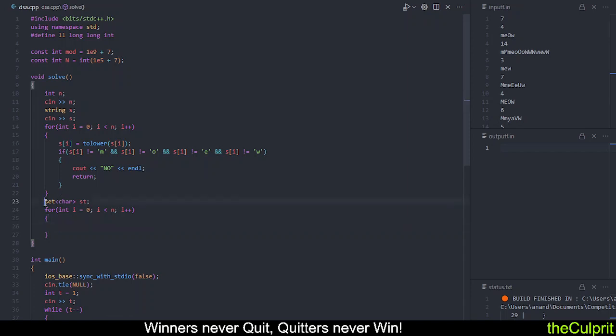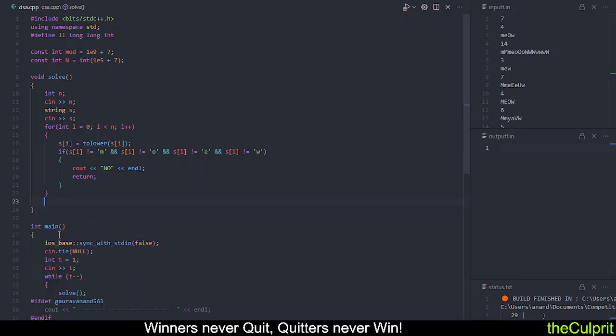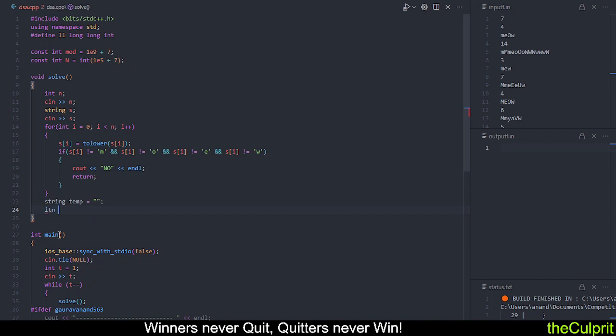To remove duplicates, I can use pointers. Basically, the ith character, and j will point to the last occurrence of that character. Okay, I'll form a temporary string. j equals to 0.